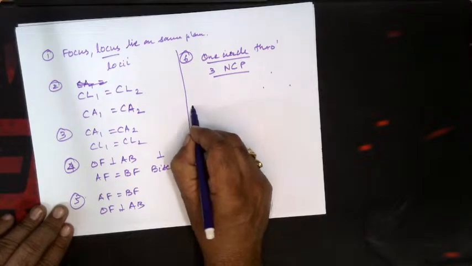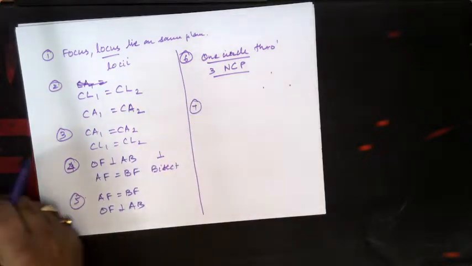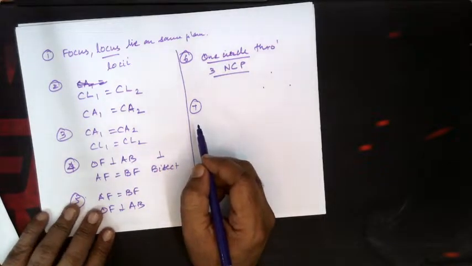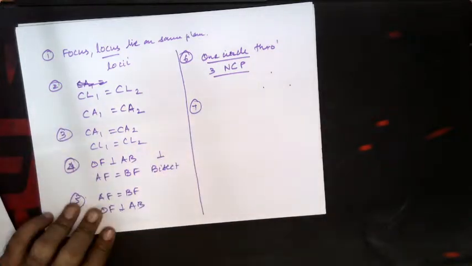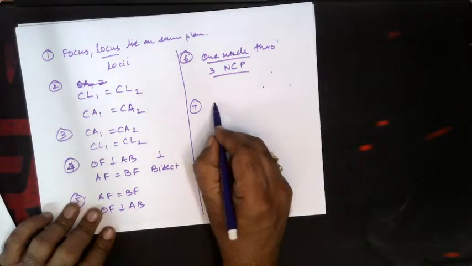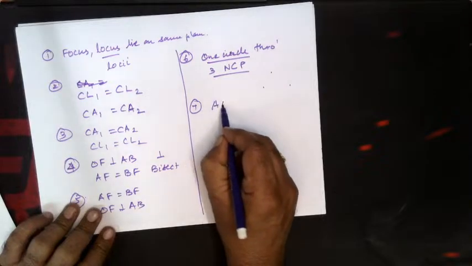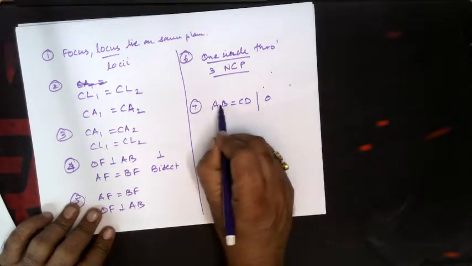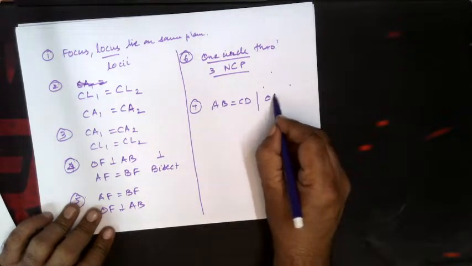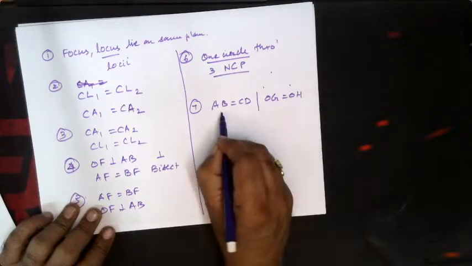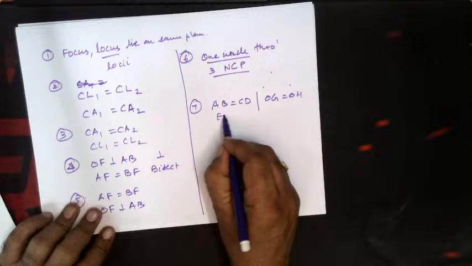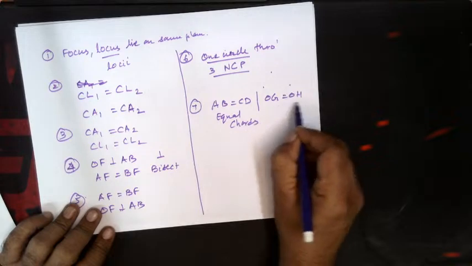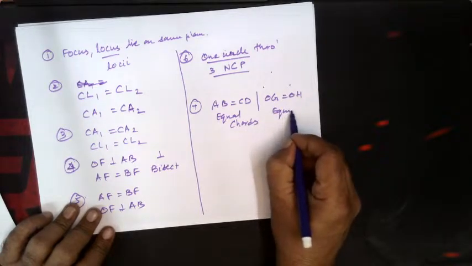Then 7. Equal chords of a circle are of equal length. Equal chords means AB is equal to CD means OG is equal to OH. You can put OE also if you want. What do you mean by this? This is equal chords. And what about this? Equidistant from the center.